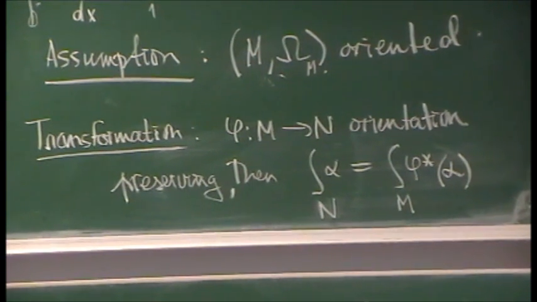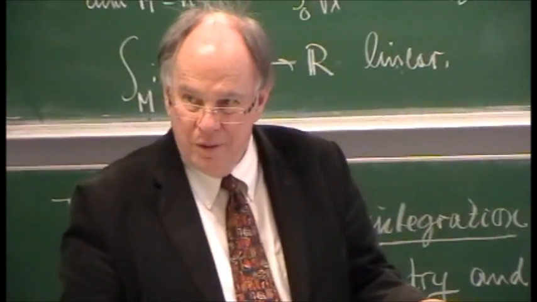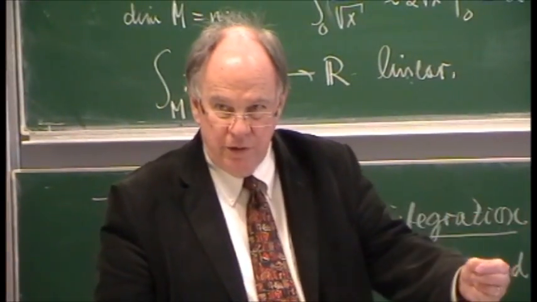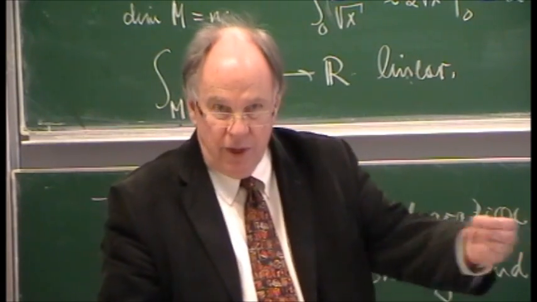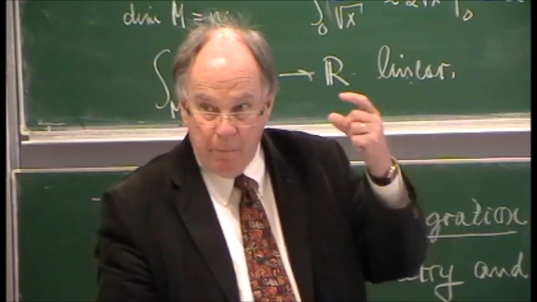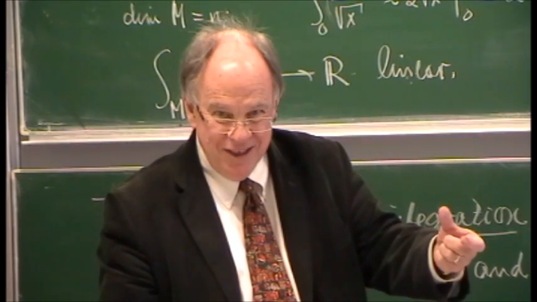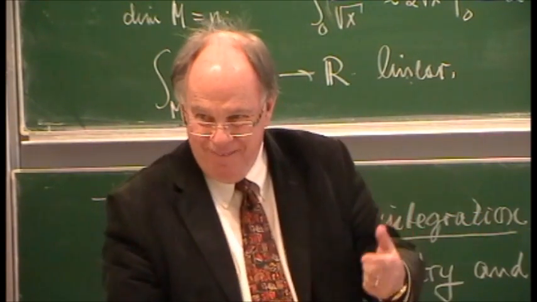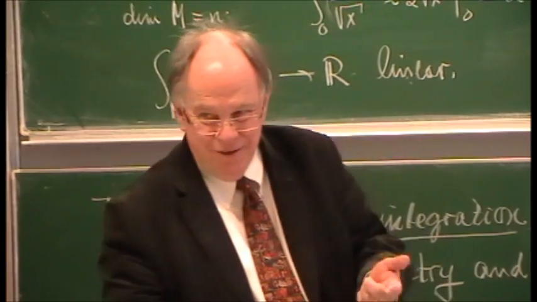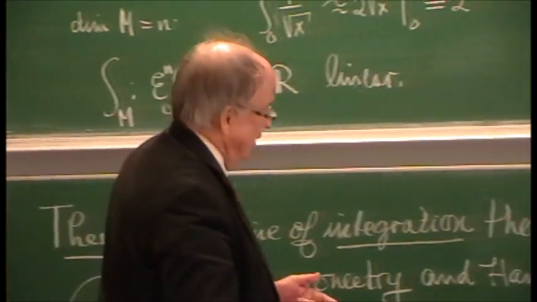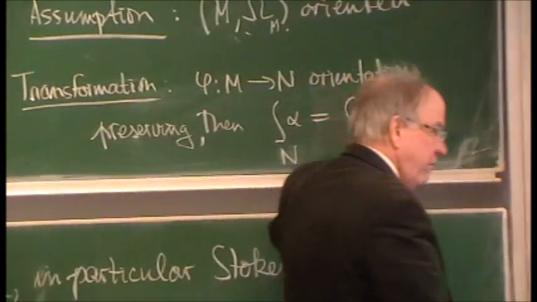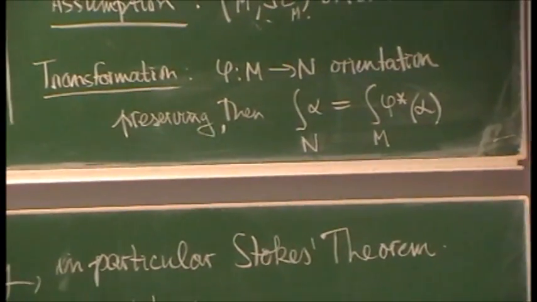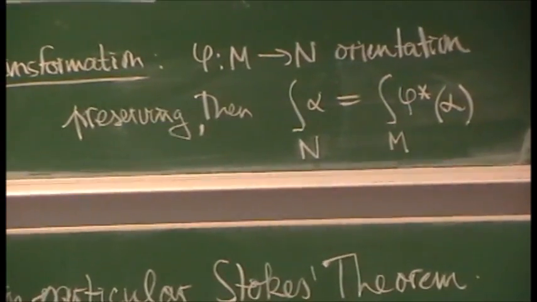And pullback, as you know, will be the transformation rule: in coordinates, dx1, dx2, and so on, you get the Jacobian. In this case, positive Jacobian. You see, if you have the wrong orientation, the Jacobian can have two signs. So here, in some sense, what you have is the absolute value of the Jacobian, which is positive. In some sense, you can think measure theoretically: you're pulling back a positive measure to a positive measure. Okay, so this is the statement.